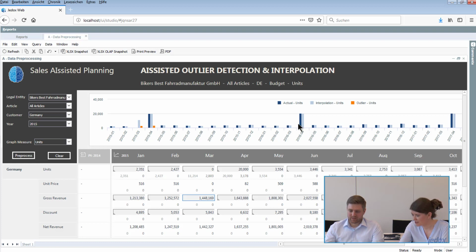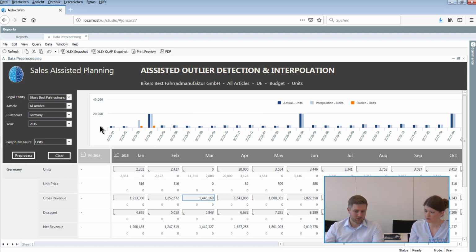Yeah, I was going to ask, because the ones further on don't have the orange bar next to them. Exactly. So this outlier detection functionality, like the interpolation functionality, will take seasonality into account. Because these higher values always happen in April, it detects that and will not mark them as outliers, because it detects this seasonality.